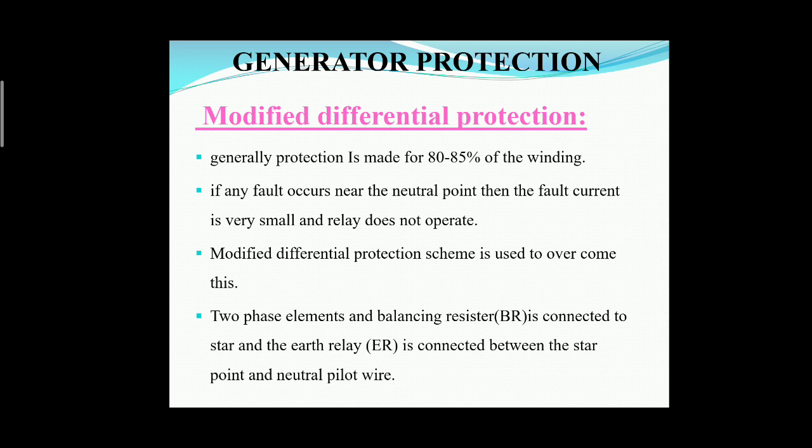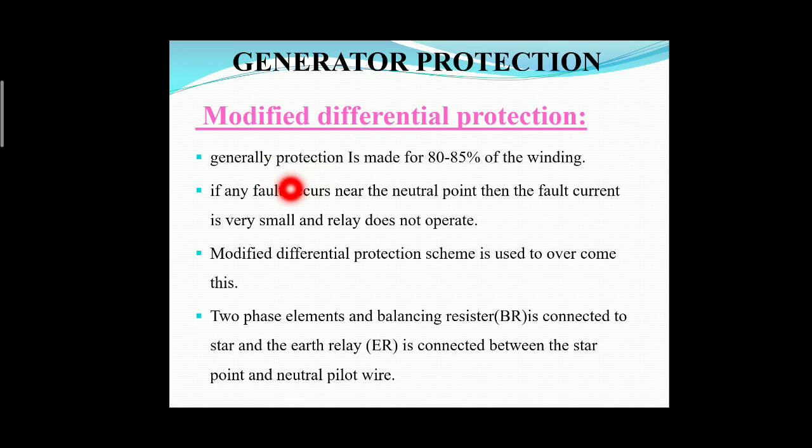Then the relay closes its contacts, trips the circuit breaker and automatically isolates the protected section. Such protective schemes are very effective for earth faults and faults between the phases.